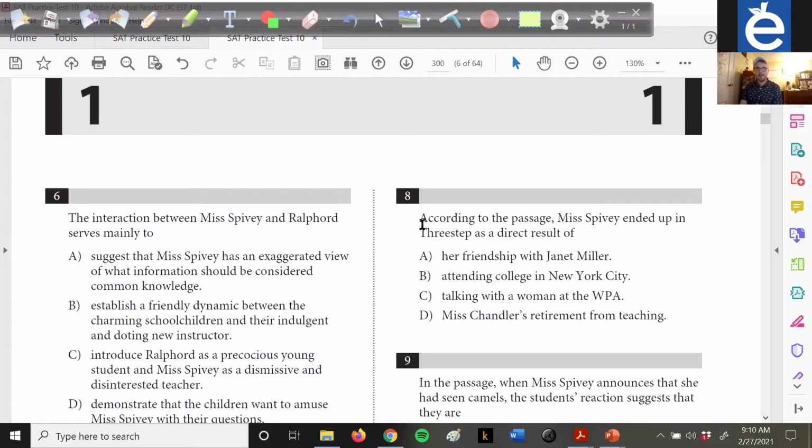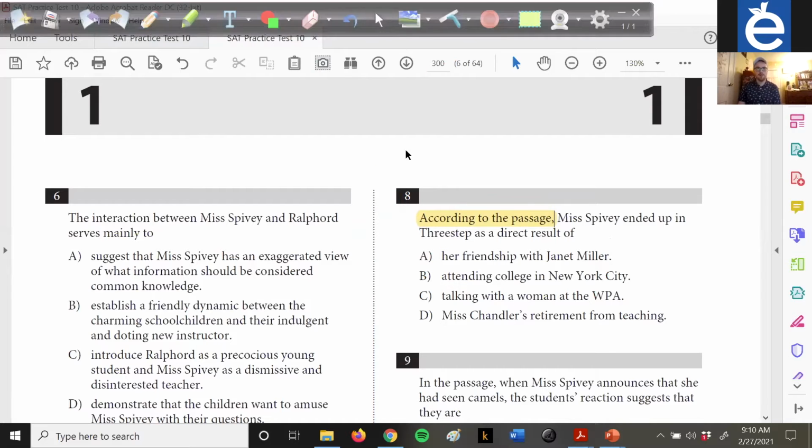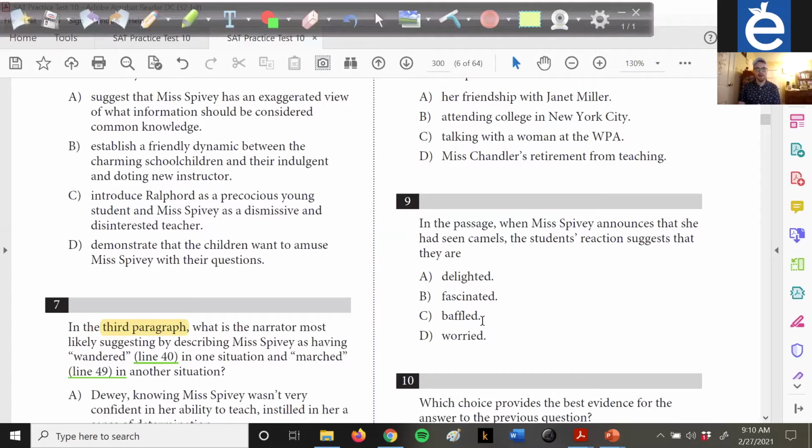According to the passage, holy moly, another broad question. Miss Spivey ended up in 3-step as a direct result of what? Okay, well, we're going to hopefully get a better idea of that as we go on.